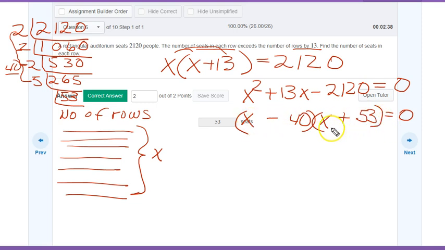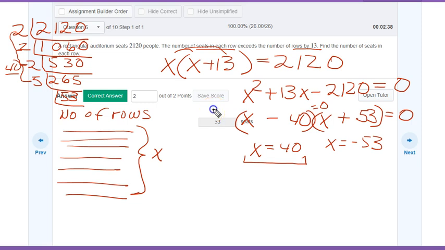So when I solve this, I get X. Remember, equate each of the factors to 0. X equals 40, or X equals a negative 53. Well, you can't have a negative 53 as a counting number or number of rows. So the number of rows is 40.